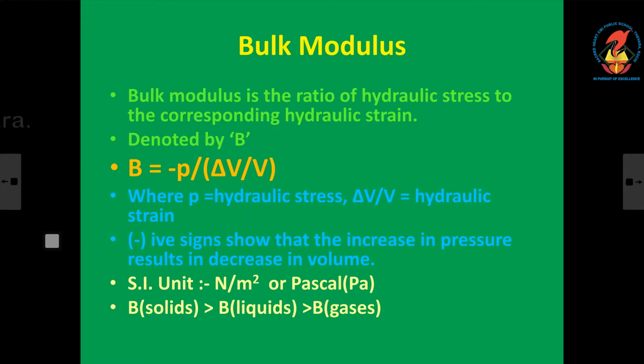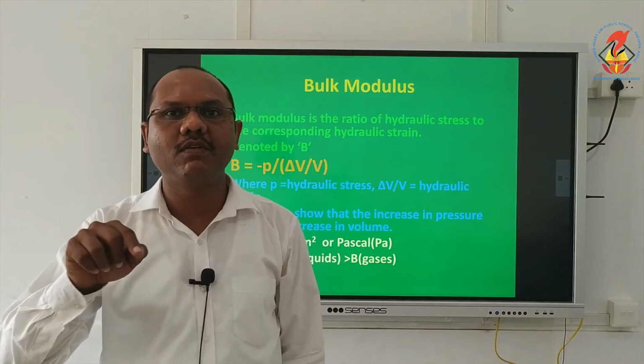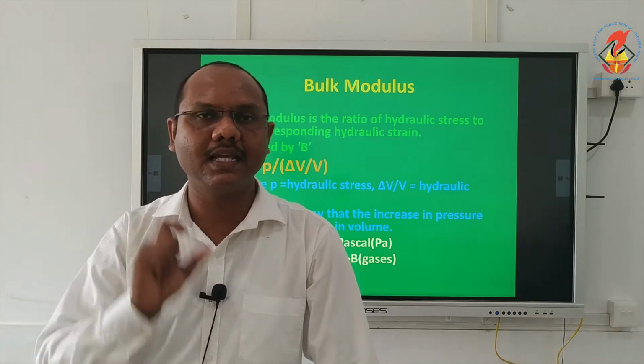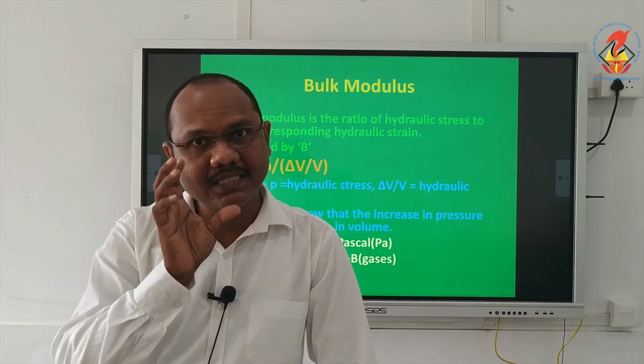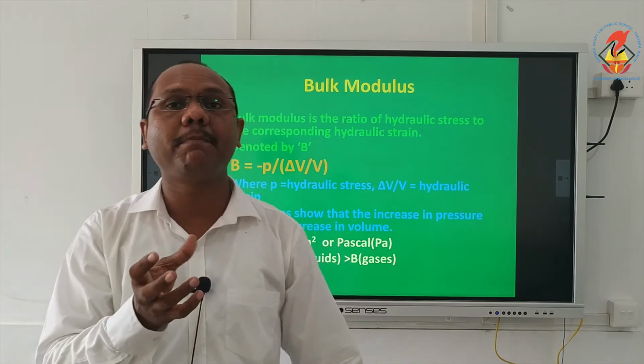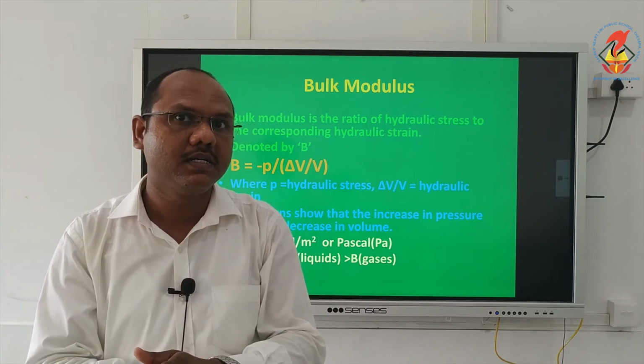What is meant by bulk modulus? It is the ratio of hydraulic stress to the corresponding hydraulic strain. When we apply a hydraulic stress, there is a change in the volume of the body, and the change in volume to the original volume is called hydraulic strain. For the hydraulic stress, I am applying normal force per unit area.